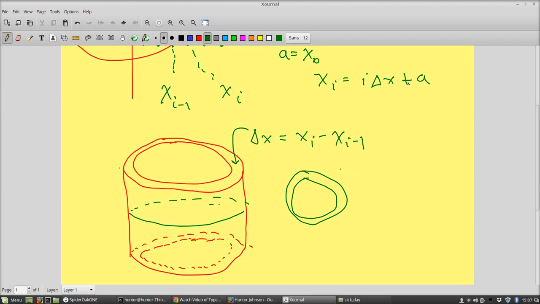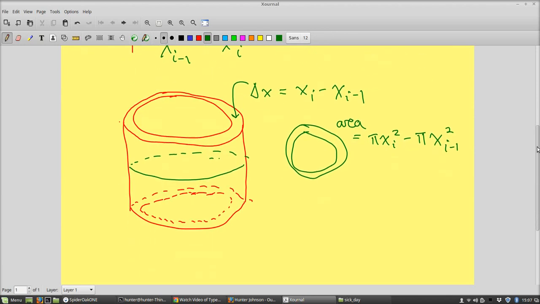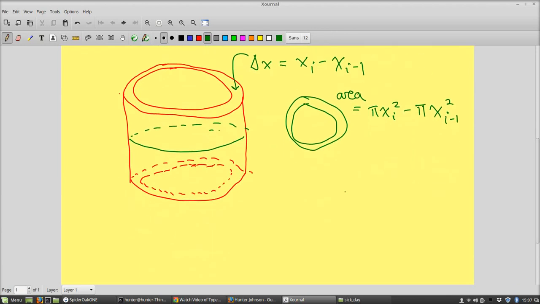So this annulus has area equal to pi x sub i squared minus pi x sub i minus 1 squared. Okay, and so that means that the volume of the shell is going to be the area of the base times the height.